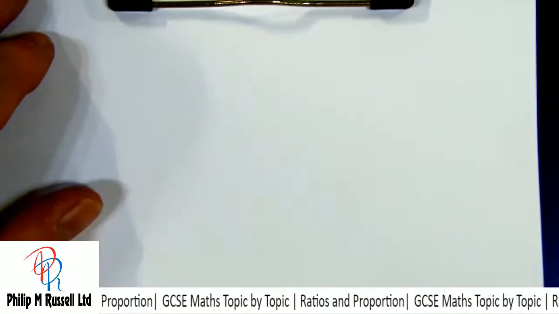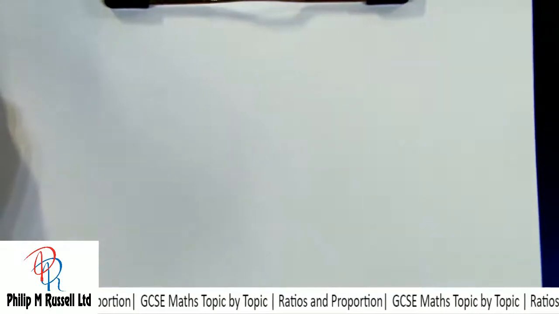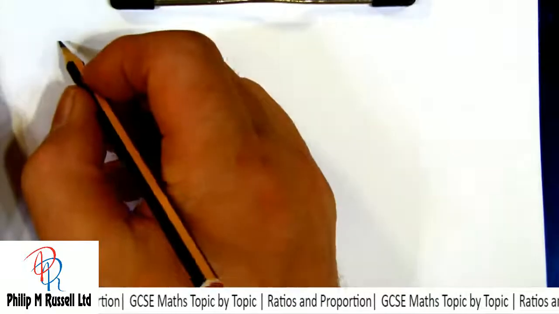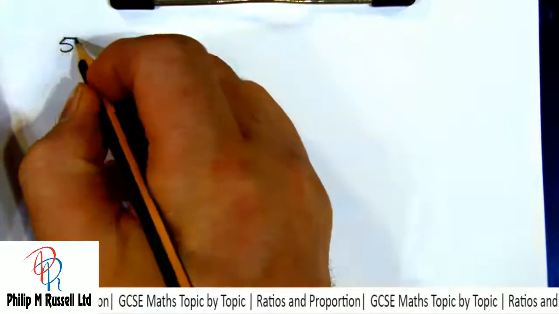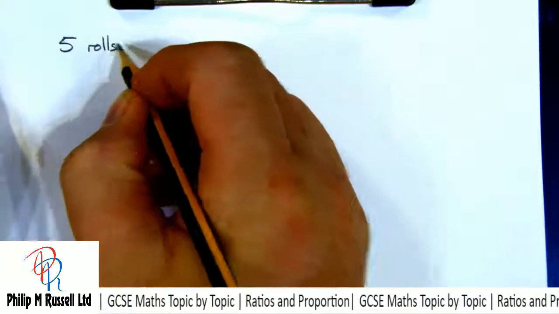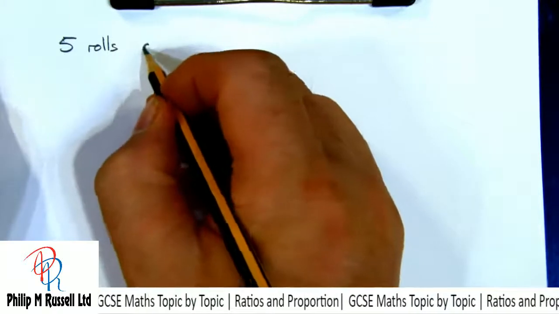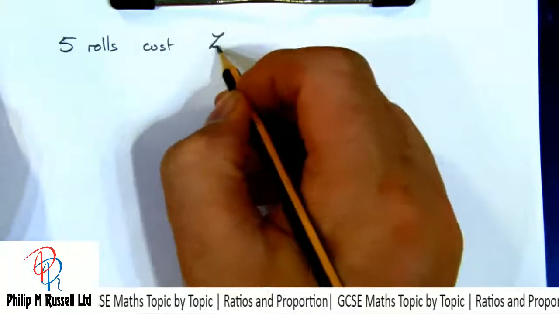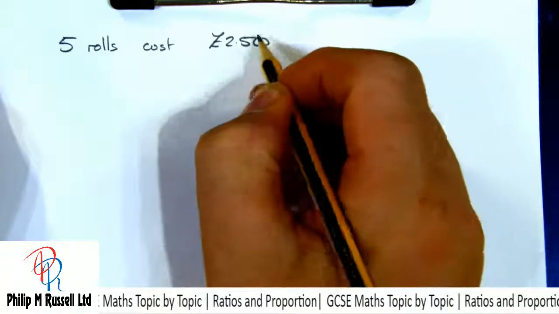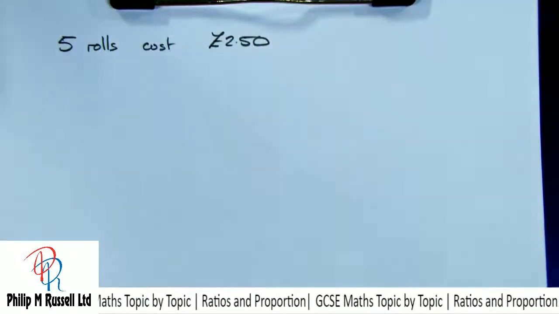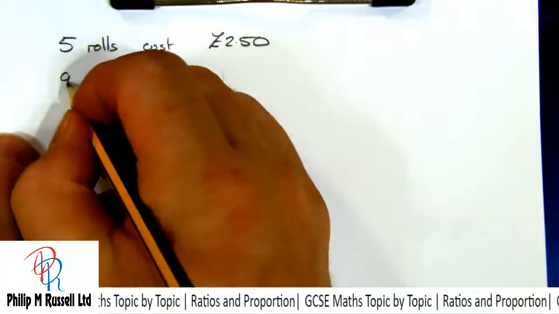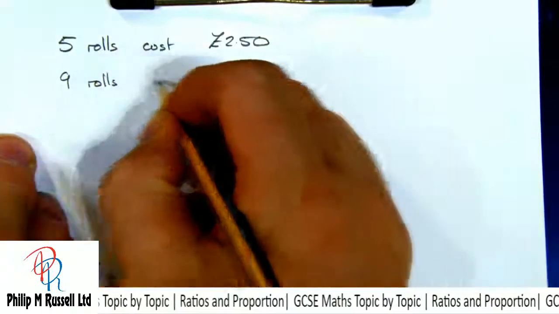So let's suppose we've got something fairly easy that we say that, I don't know, 5 rolls cost £2.50. How much do 9 rolls cost?